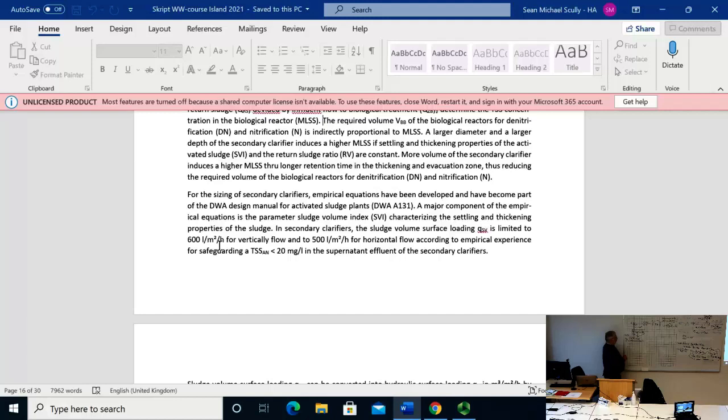So this means we have a Q sludge of 88 liters per person equivalent per day, or equal to 5.5 liters per PE per hour at peak.